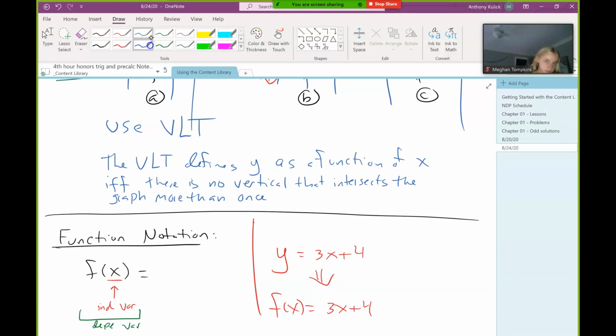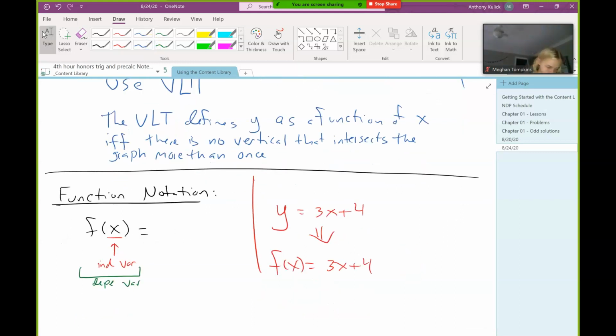The benefit of using function notation rather than the y equals notation is if I want to talk about what the y coordinate is when we plug 5 in for x, we don't need to use a bunch of fancy language to do that. We can just write f of 5.